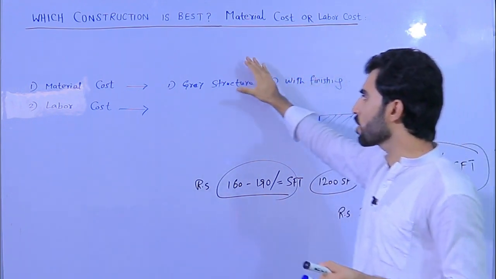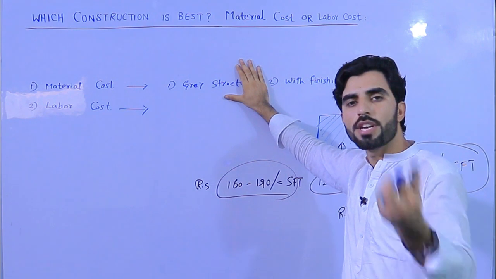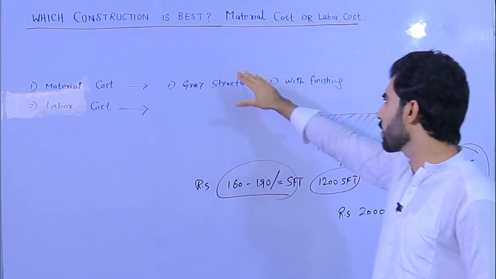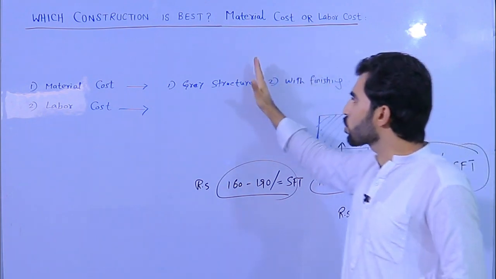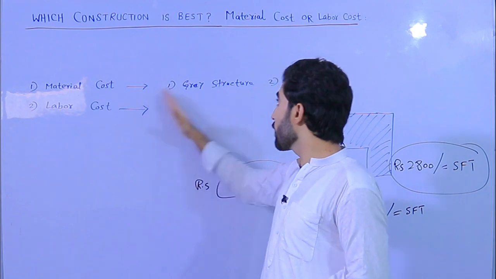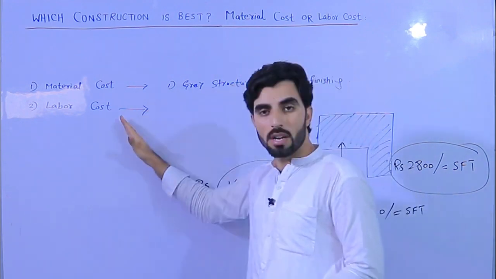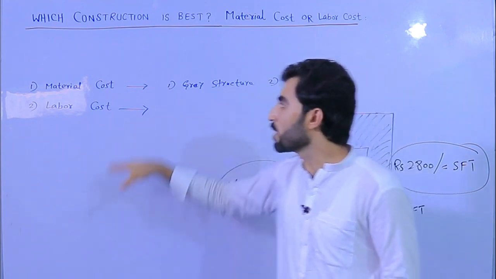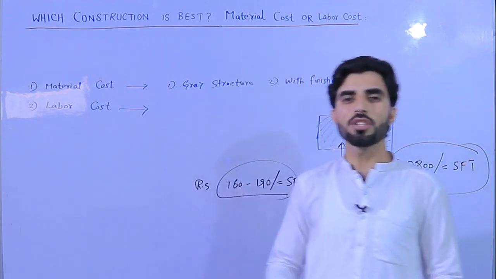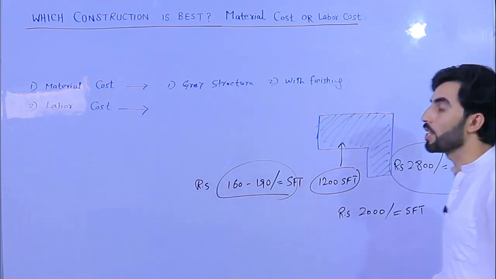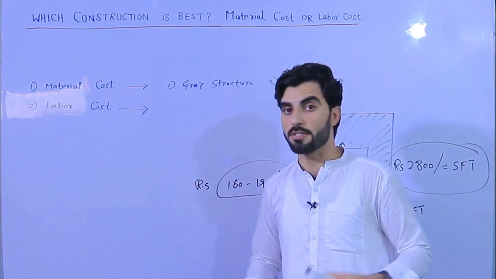If on gray structure, they will take about 1400 to 1500, or 1100 also; there are different categories. Or if you want to stop the work, you can give the work only up to the gray structure. In labor cost it also depends on the budget, and you can point out easily, by long-term and short-term policy, which one is best for you. Now you can also decide very easily.